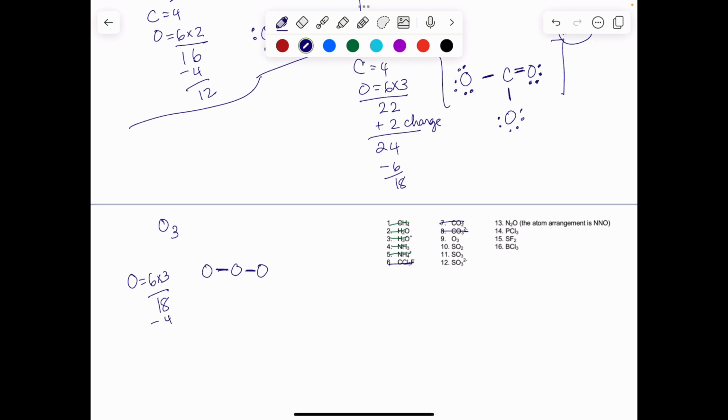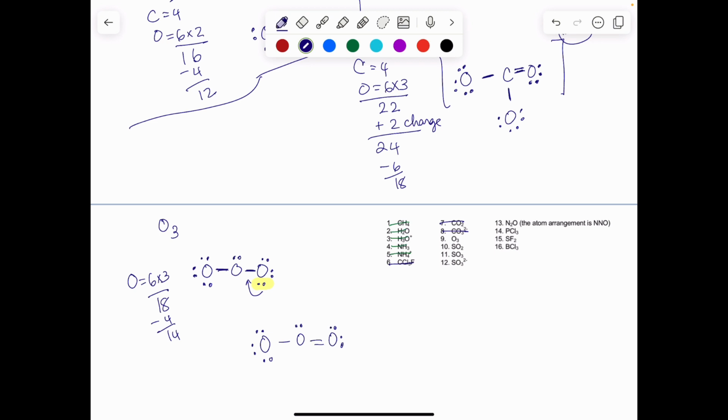All right, 2, 4 have already been added, which means I have 14 left. 2, 4, 6, 8, 10, 12, 14. And I have to stop because that's all the electrons I have, but the middle oxygen isn't happy yet, so let's take a pair and put into a double bond to make him happy.